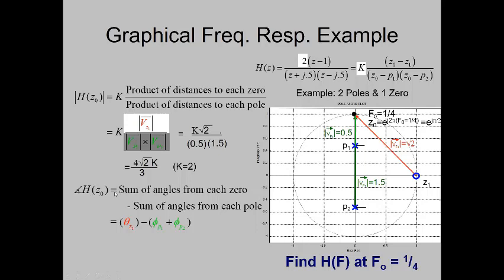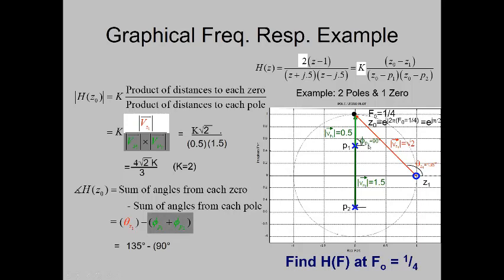In terms of what the phase angle is at this frequency, we'll take the angle from the zero, that's this one here, and that's 45 degrees above the negative real axis, so it's at 90 plus 45 this way, 135 degrees. And we're going to subtract off the sum of the angles from the two poles.